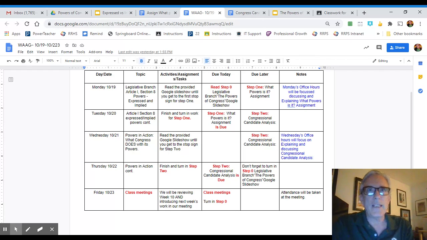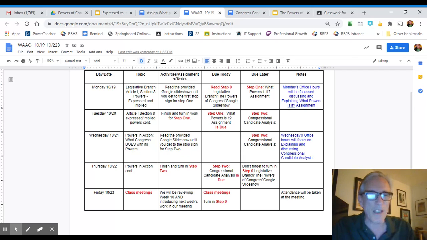But there is a final clause in Article 1, Section 8, Clause 18, which is called the Necessary and Proper Clause. And this does confuse matters a little bit because it is called the Necessary and Proper Clause. It gives Congress the power to do whatever is necessary, whatever's proper, in order to make sure they're able to do the previous 17 things.